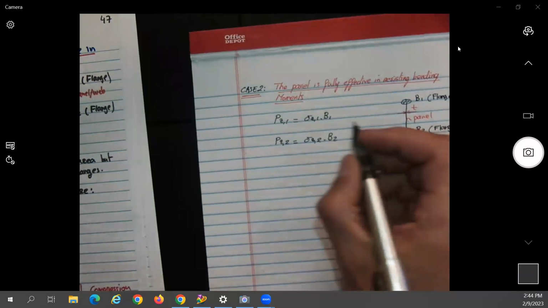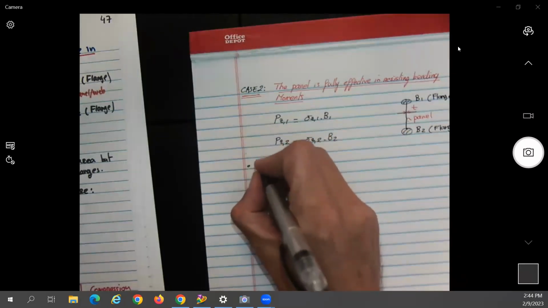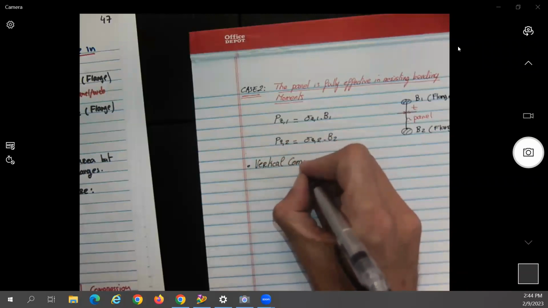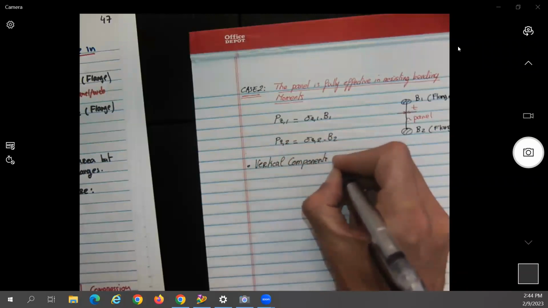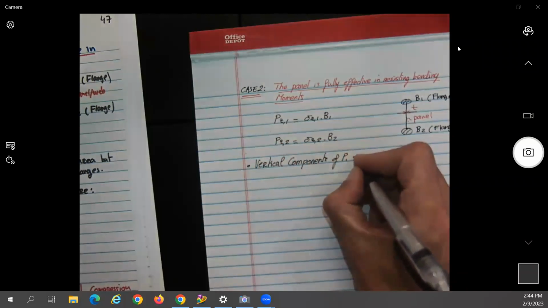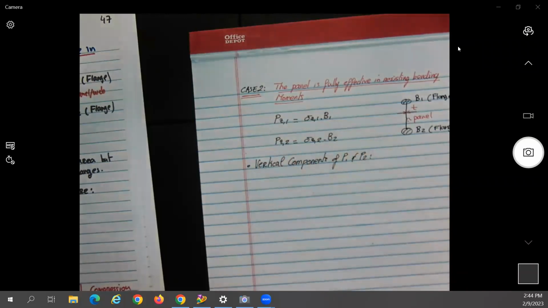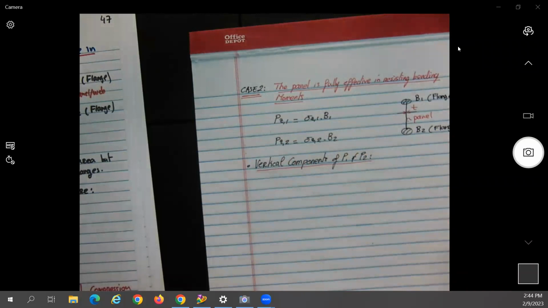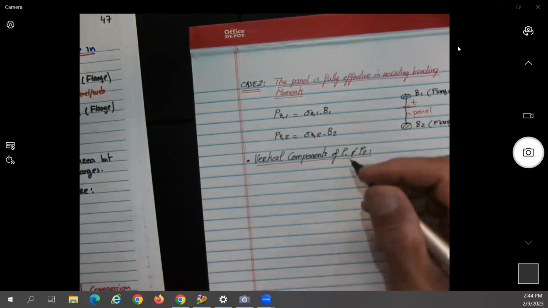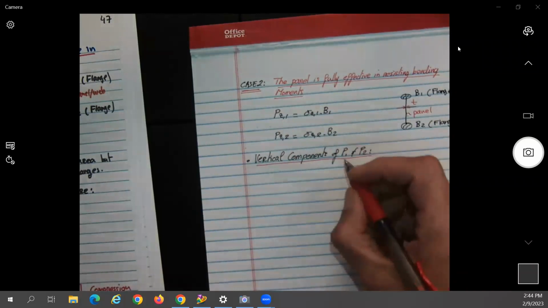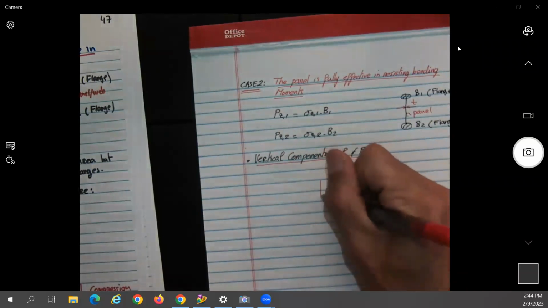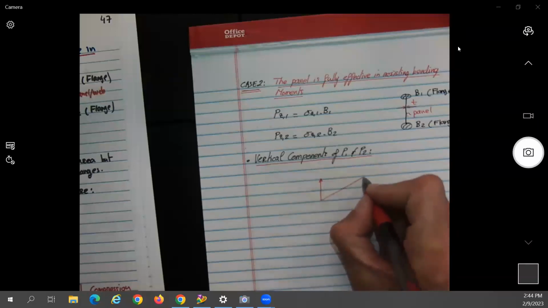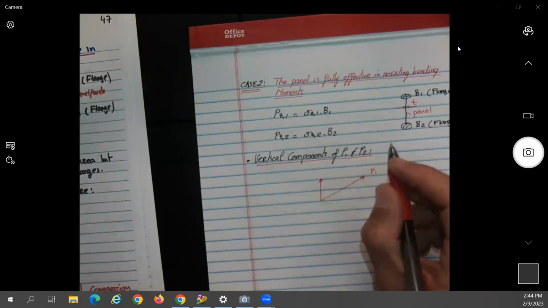All right, so now let's look at the vertical components, P1 and P2. All right, so this is now very basic trigonometry. So let's say we have here this is P1.